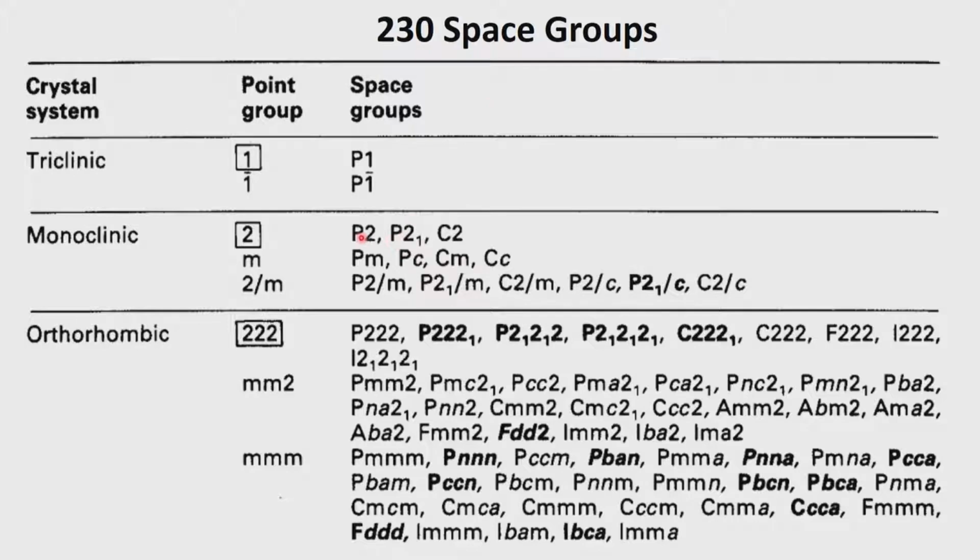We have taken examples of P2, P21, C2, and we have taken examples of Pm and Cm. We have shown also Cc. So, we have therefore in the monoclinic system 1, 2, 3, 4, 5, 6, 7, 8, 9, 10, 11, 12, 13 possible space groups that can go into this system. And we also showed in this case that there are no other possibilities other than these possible space groups. So 13 plus 2, so 15 space groups have been generated.